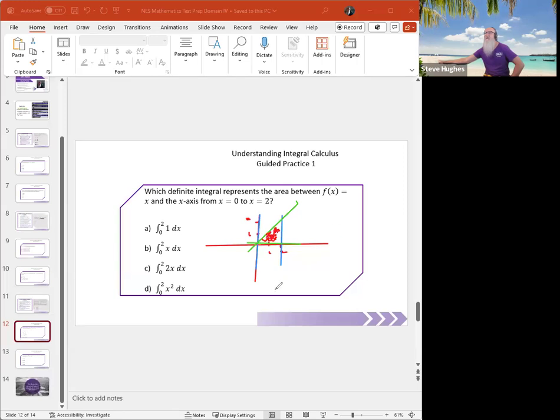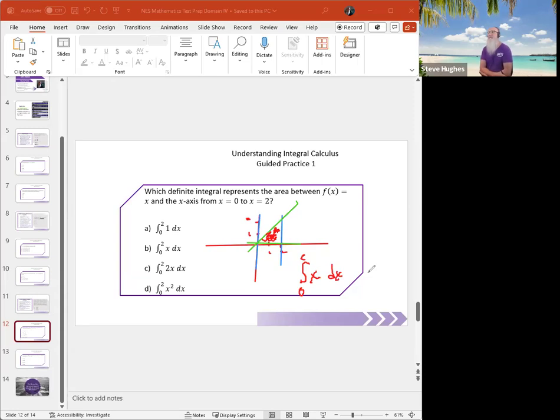And this area is equal to the integral from 0 to 2 of x dx. And that is it, right? I don't have anything to subtract from it because it is f of x minus g of x, and g of x in this case is the x-axis.